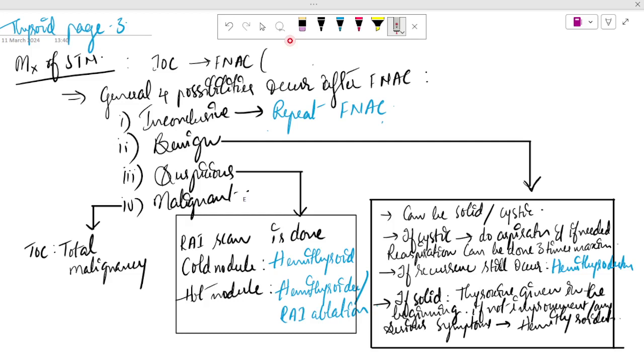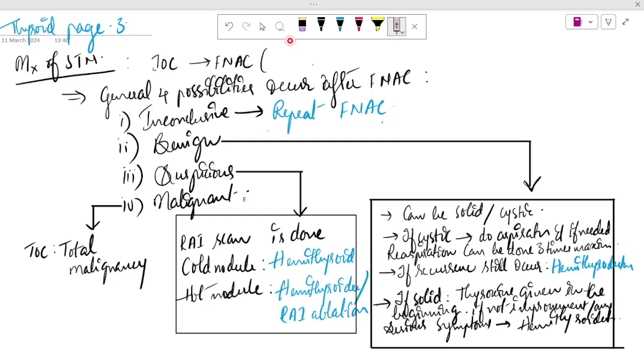You can reaspirate the cystic component a maximum of 3 times. But if the fourth time the recurrence is there, you simply do hemithyroidectomy.